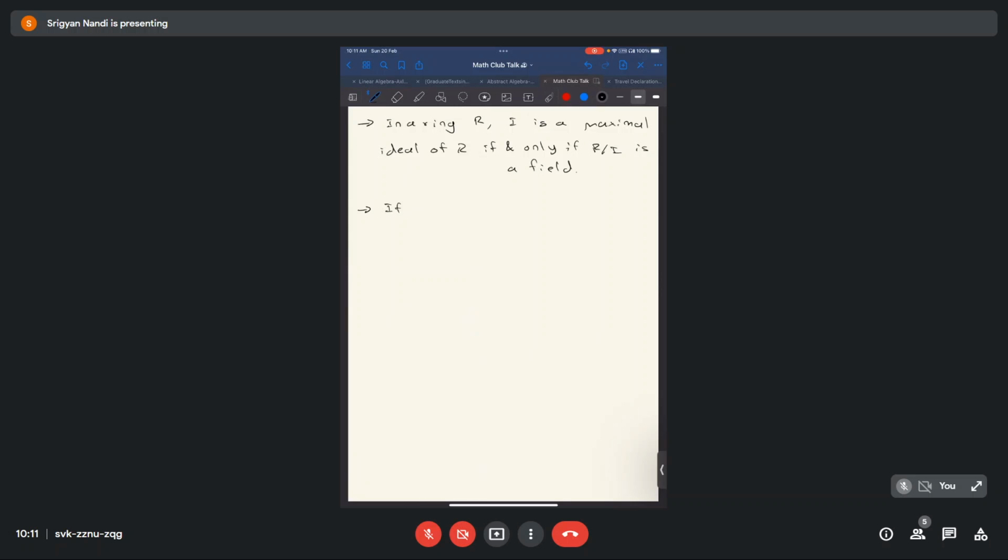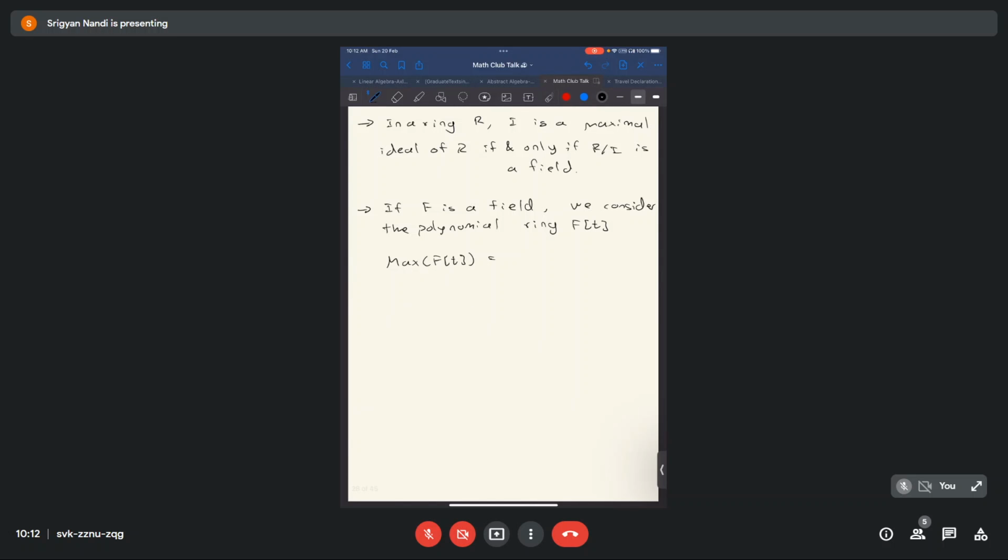So, if F is a field, we consider the polynomial ring F[t], and the maximal ideals of F[t], which are represented by max F[t], as we discussed in the last talk, are precisely the set of all monic irreducible polynomials in F[t].